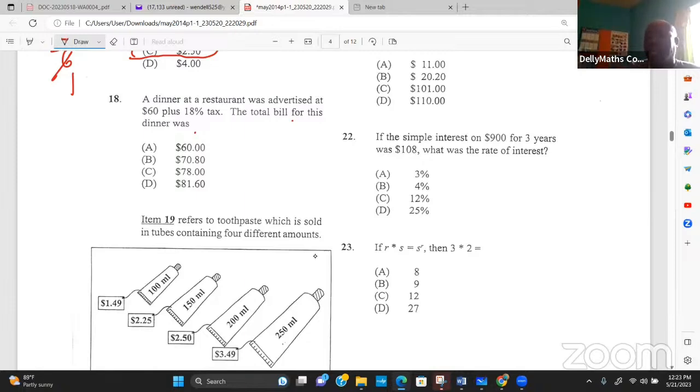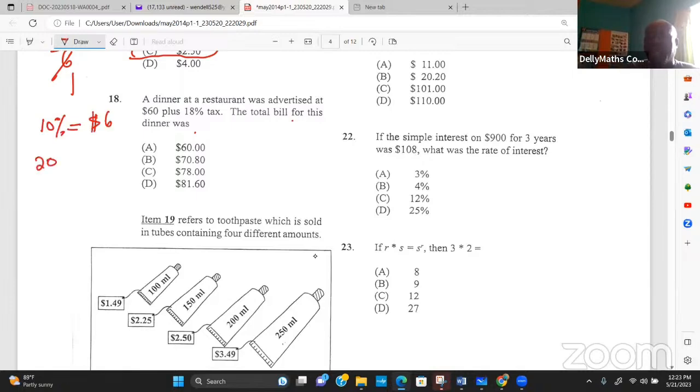Without working, you can eliminate what cannot be. And elimination is a big part of your multiple choice. You don't need to find the answer. A lot of times you need to find what cannot be the answer. You take them out and the answer shows up. So I'm saying that 10% of that $60 is 6.